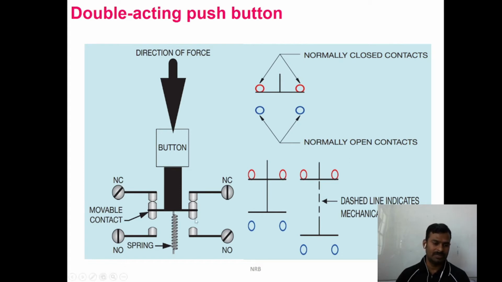For that purpose, we may use both of them to avoid both motors getting on simultaneously, or both forward and reverse sequences getting supply. So mechanically we can give the interlock by having the NC and NO contact. These are also used in many applications in industrial motor controls.